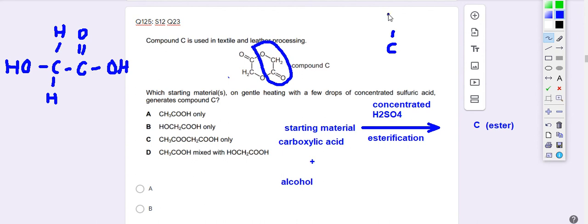CH2 bonded to an O, then bonded to C double bond O. The same thing: the C double bond O part came from the carboxylic acid, so let's return the OH to the carboxylic acid. And the O came from the alcohol, so give it back the H. This is another starting material, but both starting materials look the same. So this will be our answer.